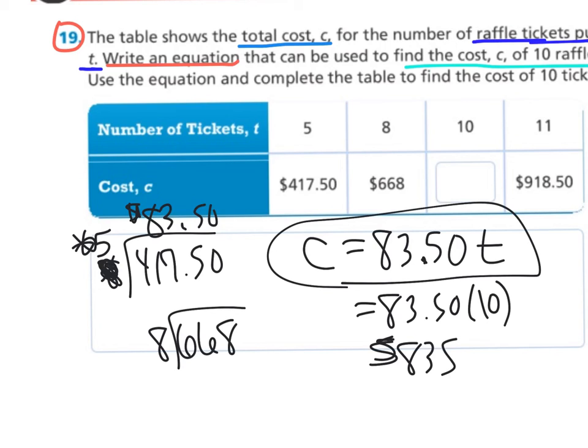So the cost for 10 tickets would be $835. So this gives you an idea of how to use patterns to write and solve equations.